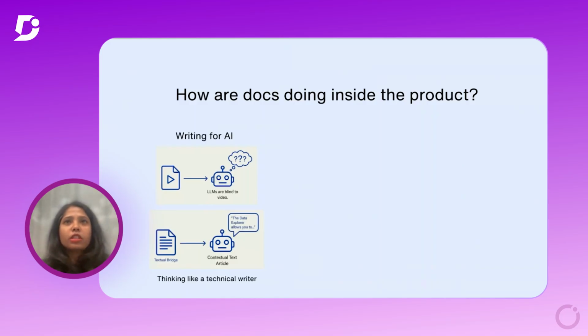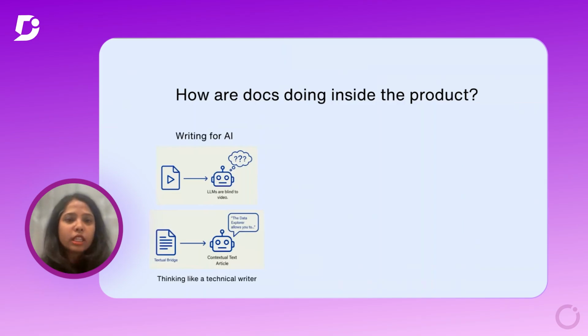So, based on the responses and how the conversations went, we also started looking into documentation and tried to bring up some best practices. For example, this is a well-known one: if you're adding a video, try to add a little bit of text here and there so that it's easier for AI to understand that you're cross-referencing it to another text article.